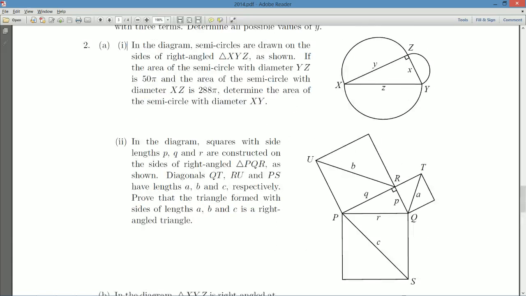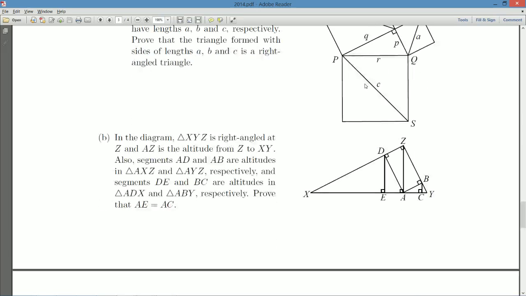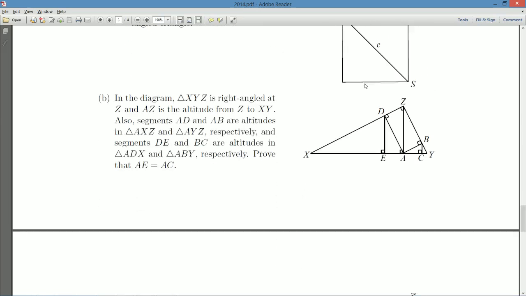I will remark that we had an area of, what was it? 338, right? 338 is 50 plus 288, so there's probably a really nice Pythagoras right angle triangle way of doing this. Not entirely sure, but there's likely a way of doing it. We'll leave that for another day.